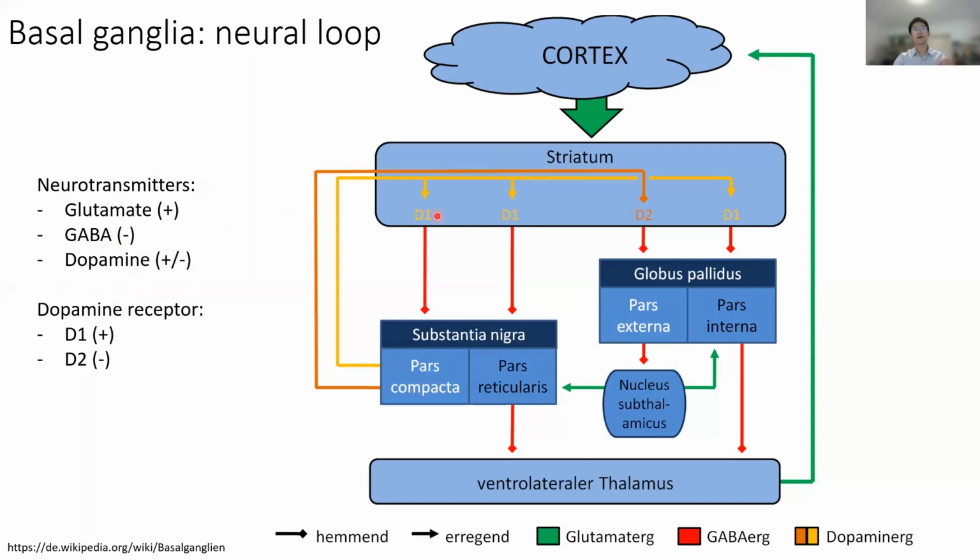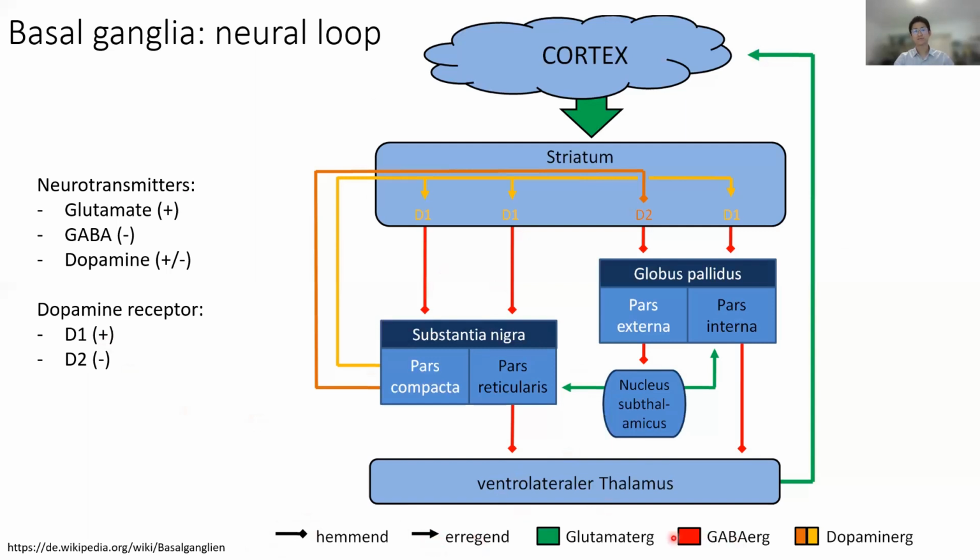So here we have 2 types of receptors, D1 and D2. D1 is an excitatory receptor that will cause excitation once they receive dopamine, and D2 will cause inhibition when they receive dopamine. In this scheme, I also have to explain that the diamond shape means inhibition, and the arrow means excitation.